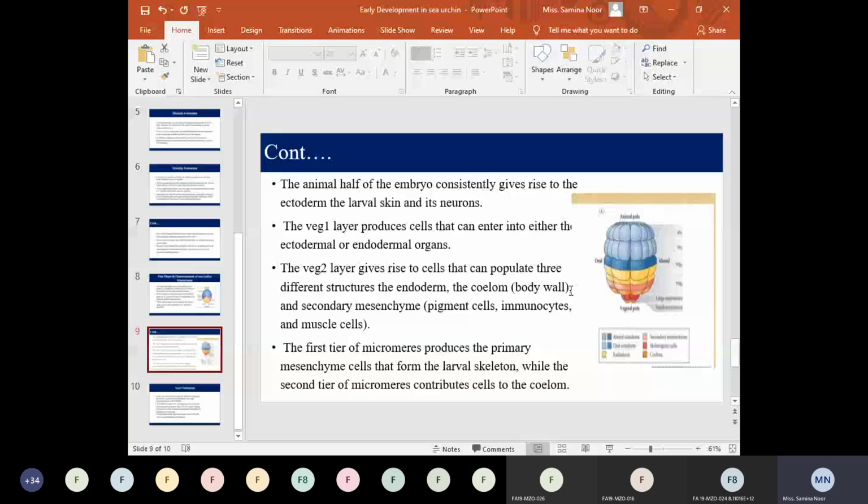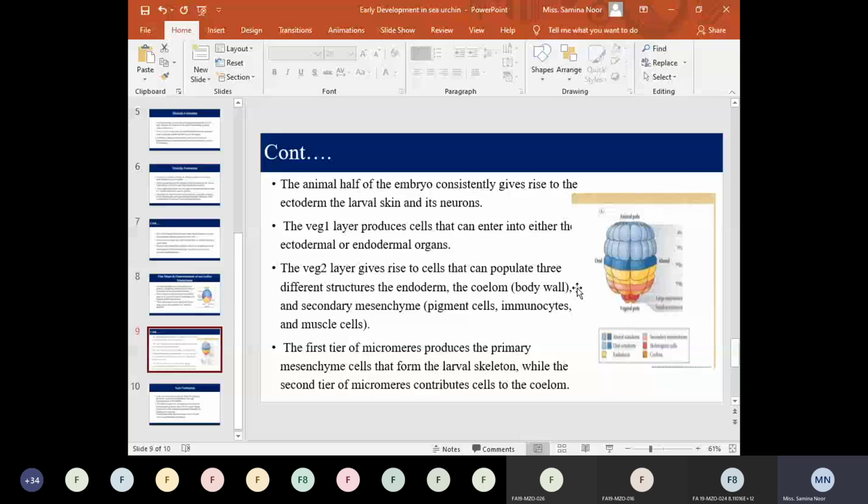Just below the AN1 and AN2 layers is the VG1 layer, as you can see in the figure. The VG1 layer produces cells that can enter into the ectodermal or the endodermal organs.